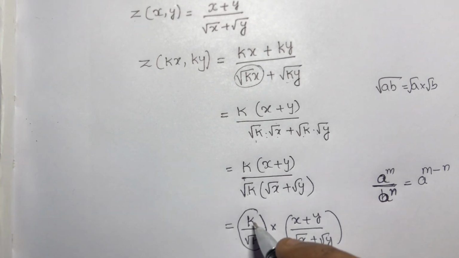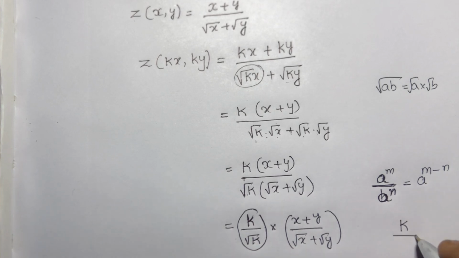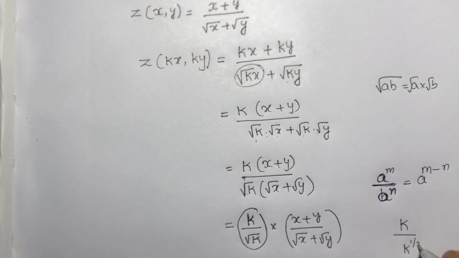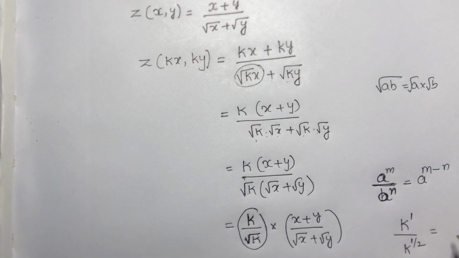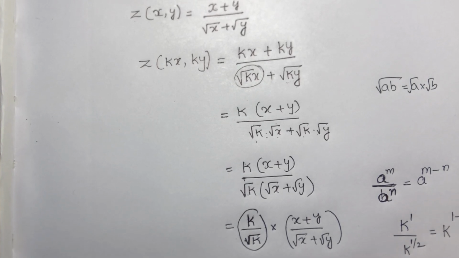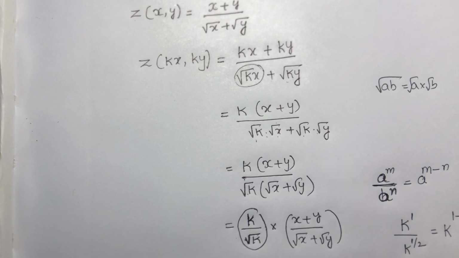Similarly, here we have k by under root k. Under root k can be written as k to the power of 1 by 2. Here the power is 1, there the power is 1 by 2, so we subtract, it becomes k to the power of 1 minus 1 by 2, and finally k to the power of 1 by 2.